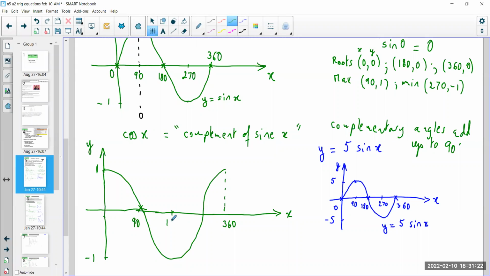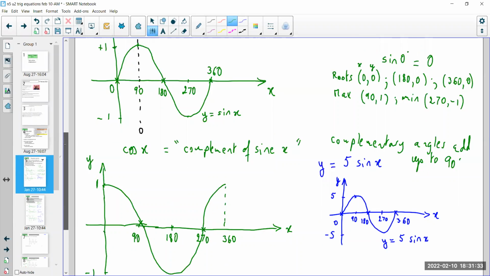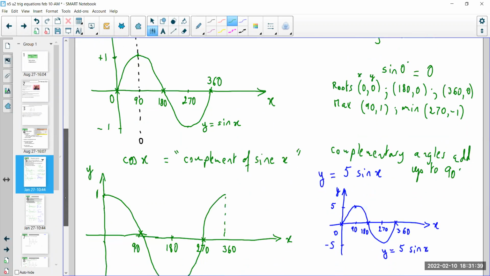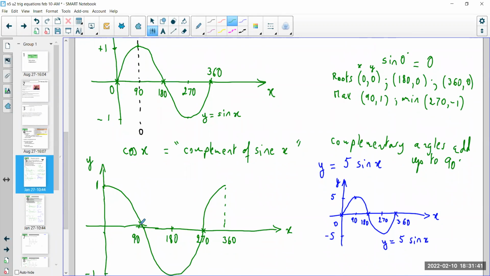At 180, we've got -1, and at 270, cuts it here. So what you notice now is when I had 0 degrees for sine, at 90 degrees for the cosine, because it's the complement of sine, I get exactly the same value. So I need to be at 90 degrees to have the 0.